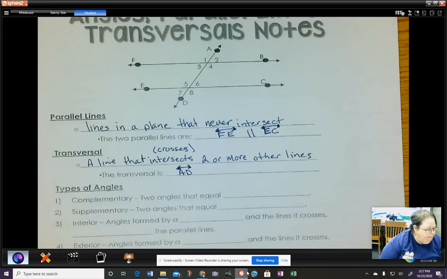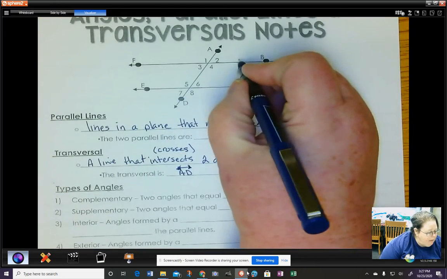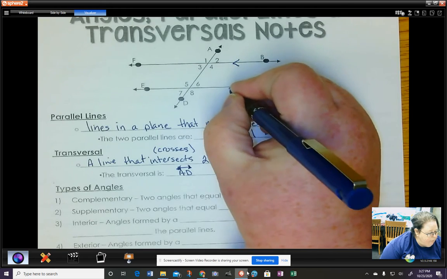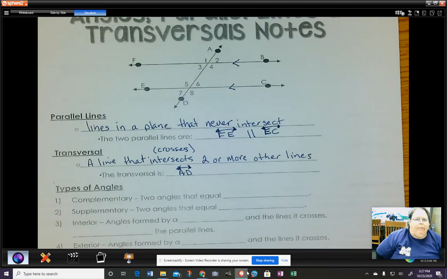Okay, so we know that this line is parallel to this line. So let's mark our picture. We don't have a marking for the transversal, but we see that it crosses line FB.